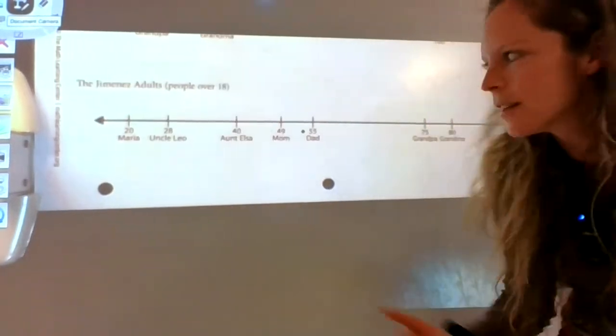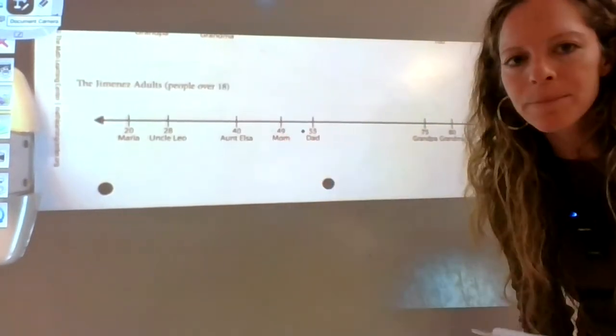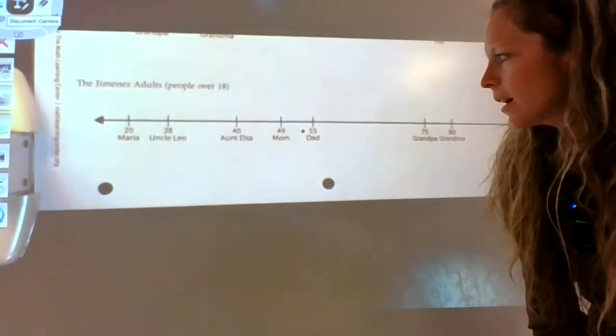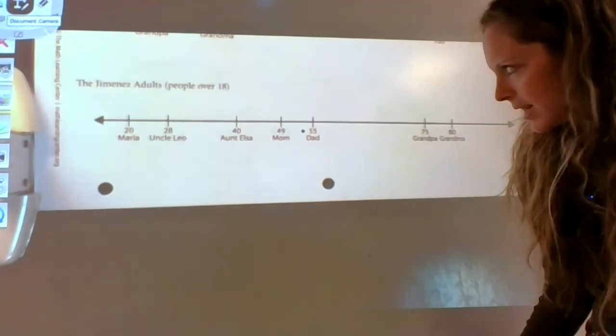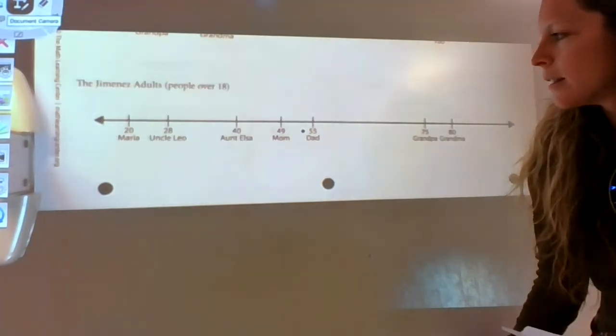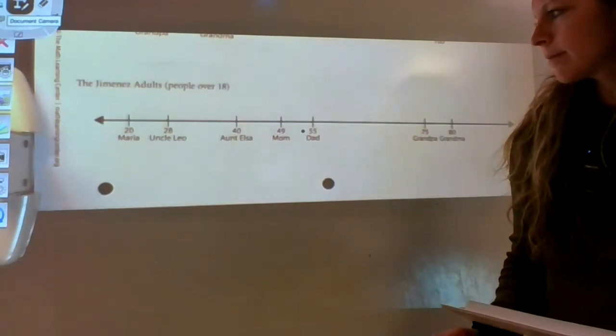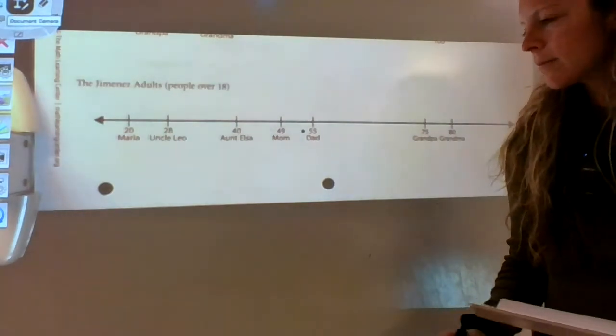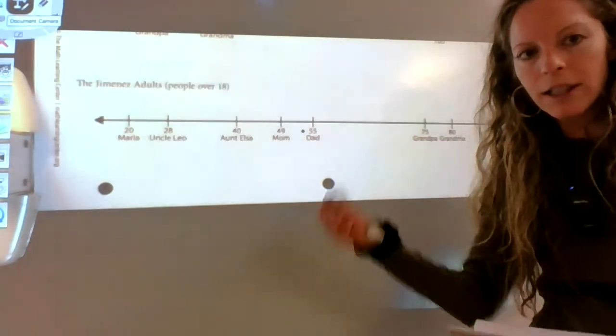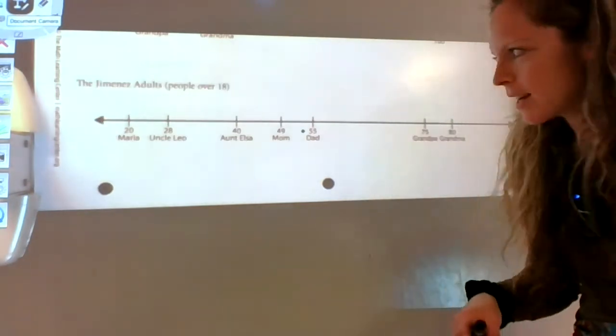Okay, next one. Dad is older than Mom. How much younger is Mom than Dad? You might just want to count on or count backwards, which is a strategy.